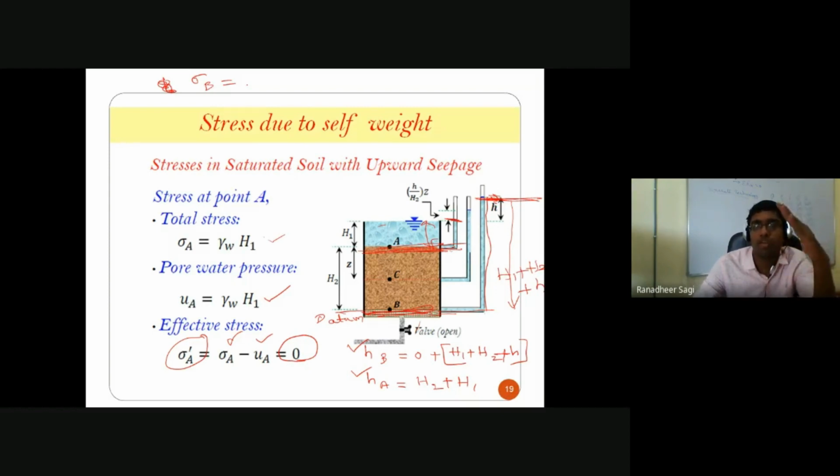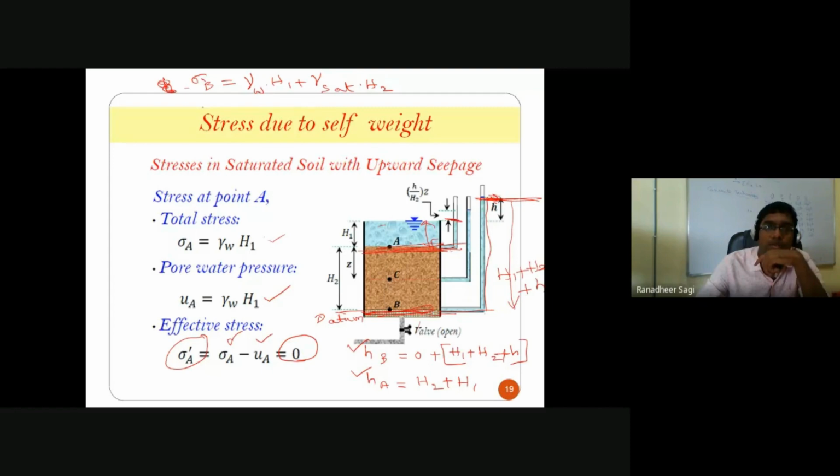So whatever is the material existing above your point B position, that's H2 height of soil strata, which is saturated soil strata, and above which H1 depth of water body. So the total stress at point B position I can write as gamma W into H1 plus gamma sat into H2.